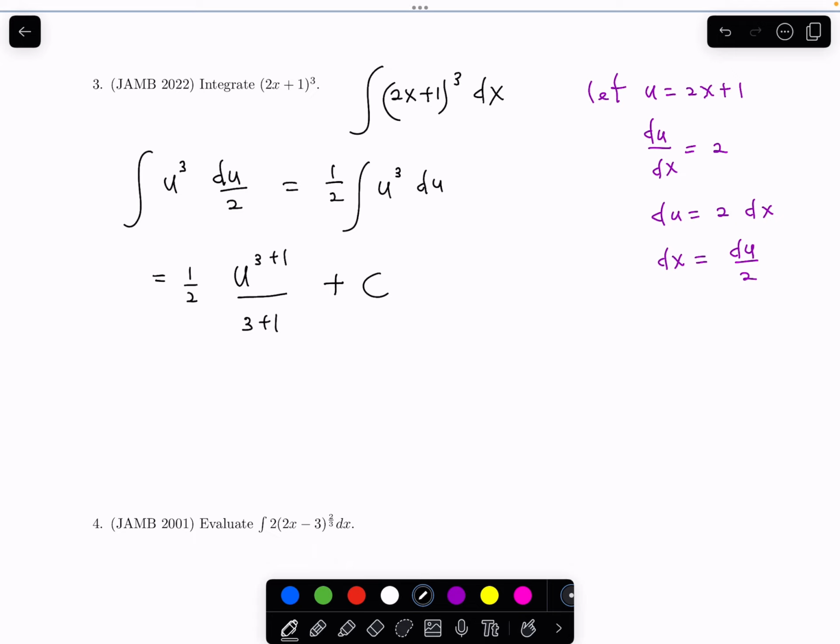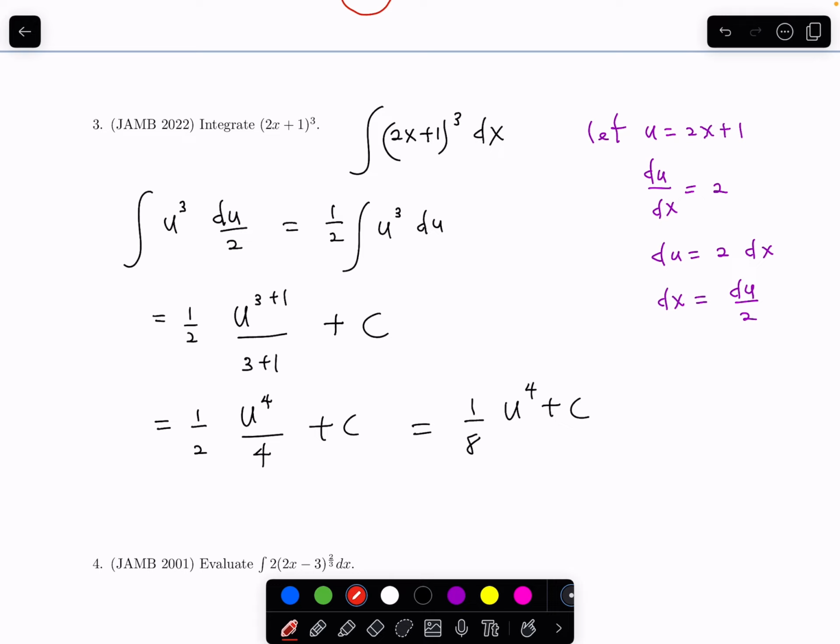So this is just going to be 1 over 2 u to the power of 4 plus c, and this is going to be 1 over 8 u to the power of 4 plus c. But remember, my u is what? My u is 2x. I said let u be equal to 2x plus 1.